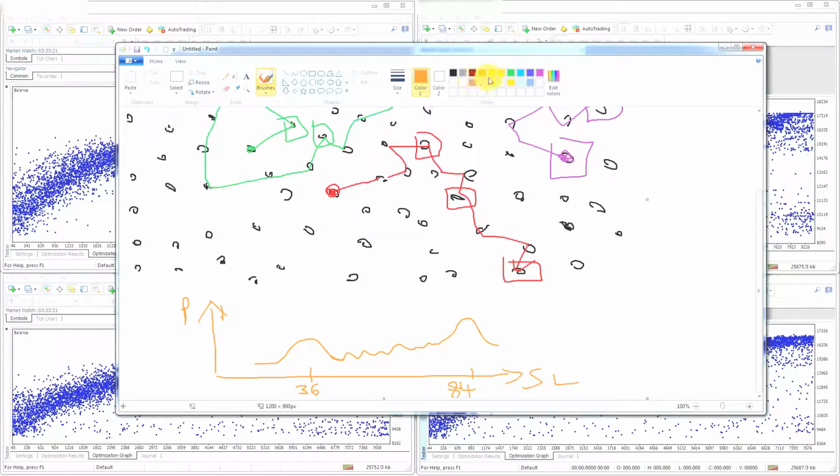So that genetic algorithm, the green one, found that 36 is good. It tried to go left, it tried to go this way, it tried to go that way, but it found that 36 is really good, and it's going to stick with 36. And what the other one found, this red one, was that 84 is actually really good, because it randomly started closer to 84, and it couldn't find anything better around 84. So it'll stick to 84. And that's how the genetic algorithm works.